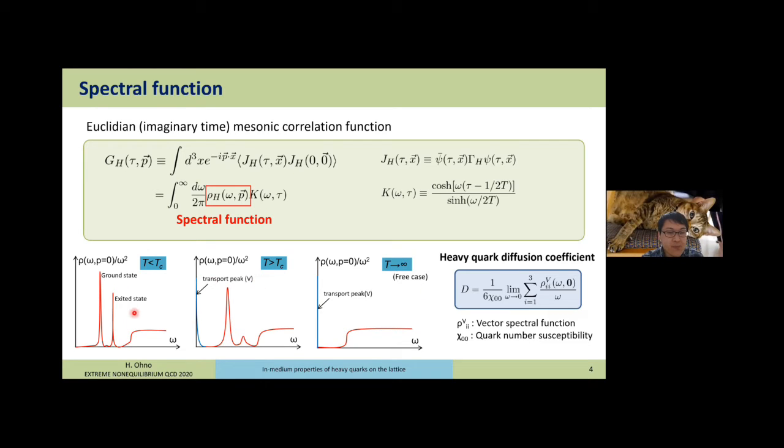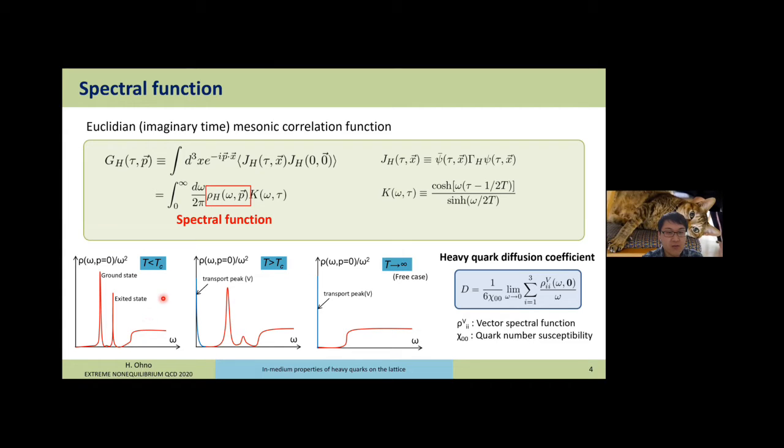At some temperature below the critical temperature, one should find sharp, clear bound state peaks, like this ground state peak or excited state peak. Also, at very high frequency, maybe one should find some continuum structure like this.